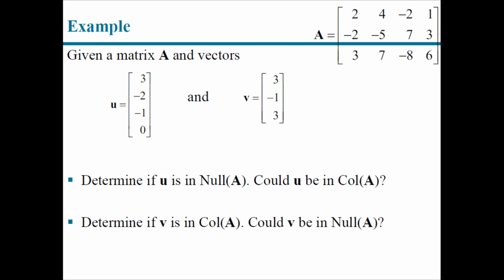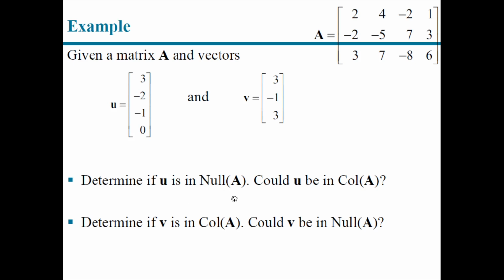That's the only way for U to be in the null space, because A times a vector in the null space equals 0. That's the definition. So we need to check A times U. We don't need to find the null space and so on. The definition of the null space is just the vectors such that A times the vector equals 0. That's it.